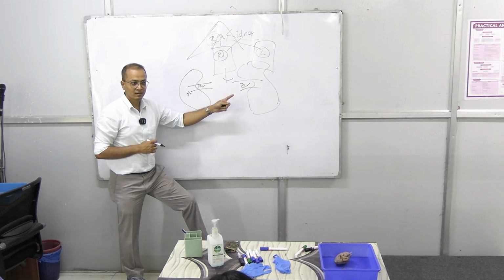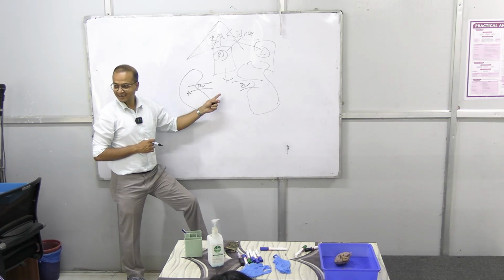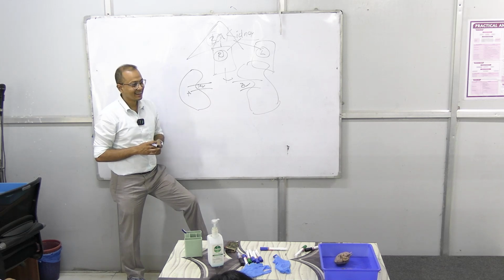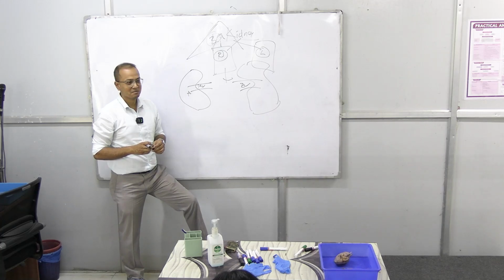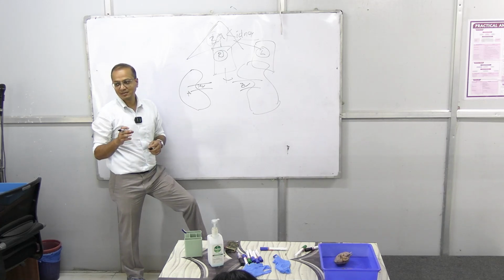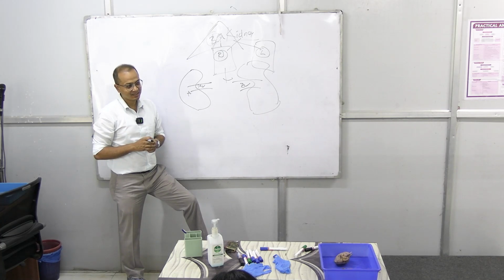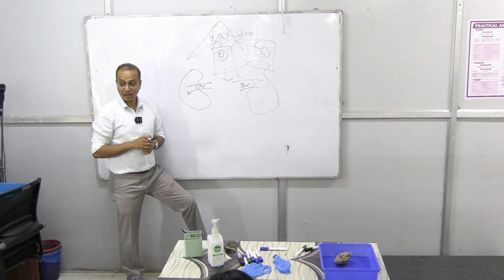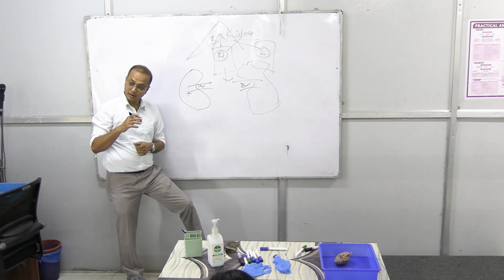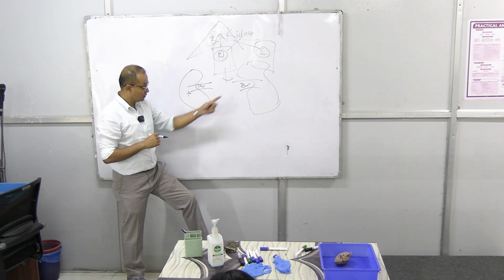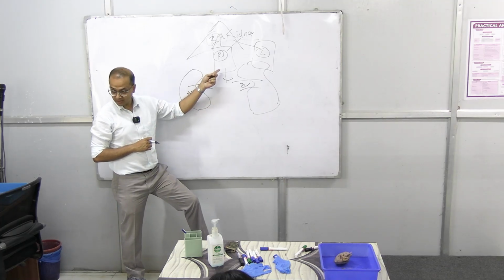Left, inferior mesenteric vein. Which one? Accessory renal vein. Accessory hemiazygous. So this left one drains to accessory hemiazygous.